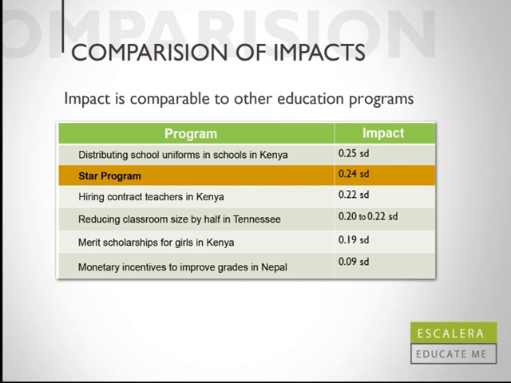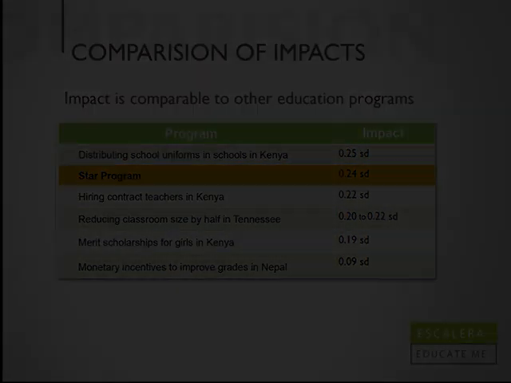So the impact that we found of approximately 4% is very comparable to other education programs that have been researched, and in fact it's near the top. So our impact is relatively comparable.